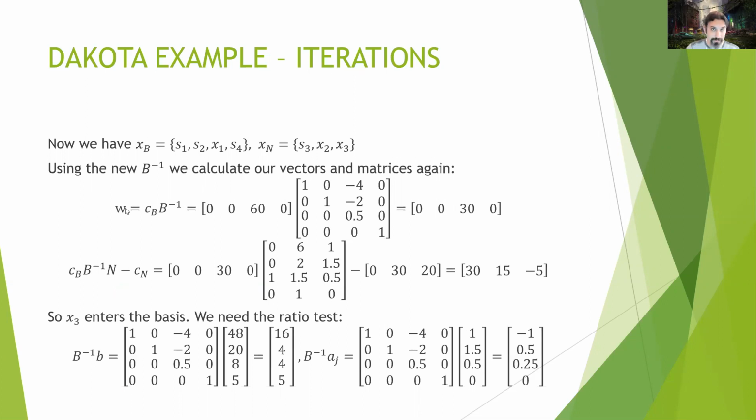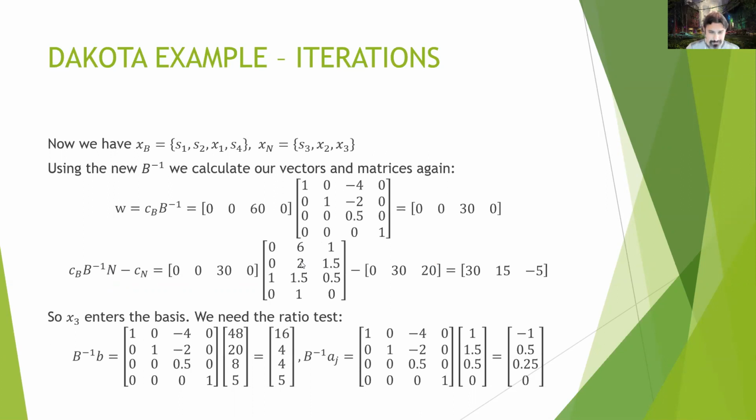We also need to calculate the optimality condition. Is this thing optimal? Instead of writing CB times B inverse, we can just write this 0, 0, 30, 0 over here. And we already know the N. Check out, this N has changed because the new non-basic variable is S3, so S3 will have its own coefficients written over here. So the new N is over here.